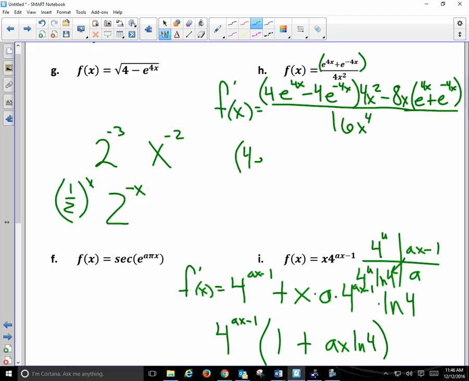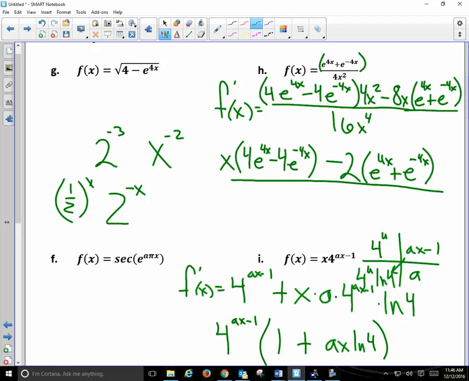So 4e to the 4x minus 4e to the negative 4x times, if I take out a 4x there, I'm left with just x minus 2 times e to the 4x plus e to the negative 4x, all over 4x cubed.